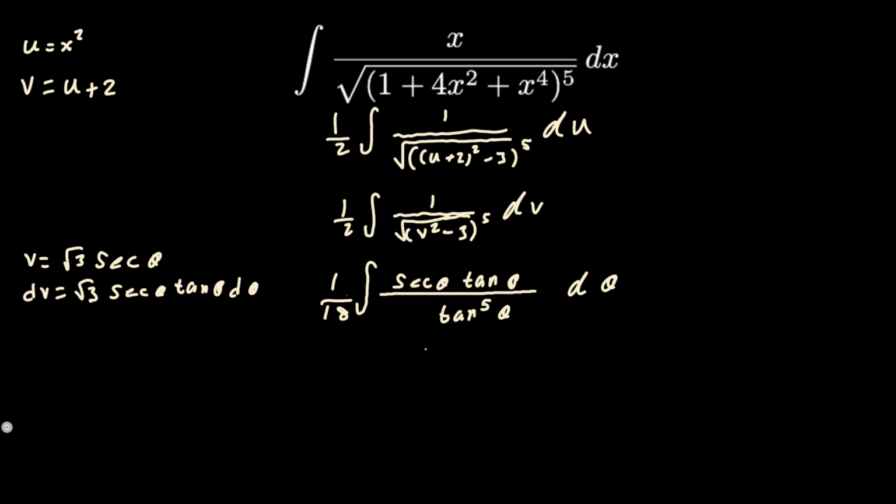And after this, we will have the tangent cancel in the numerator, so we will have 1 over 18, the integral of secant theta tan 5, or 4, theta d theta.